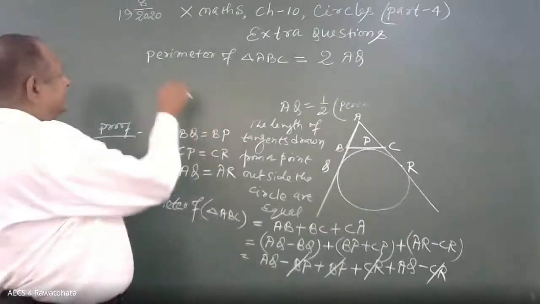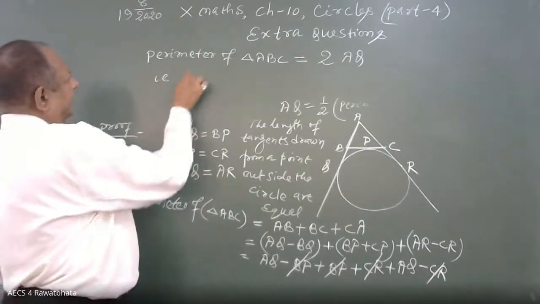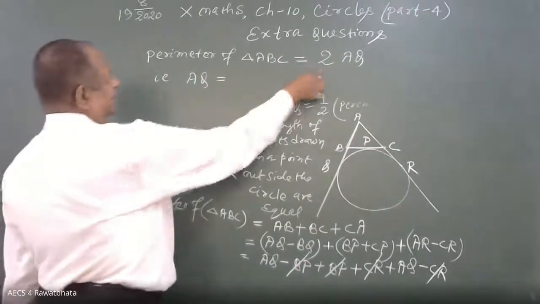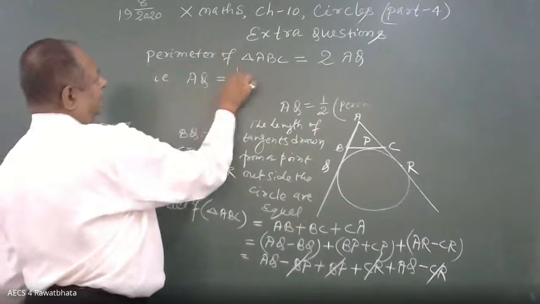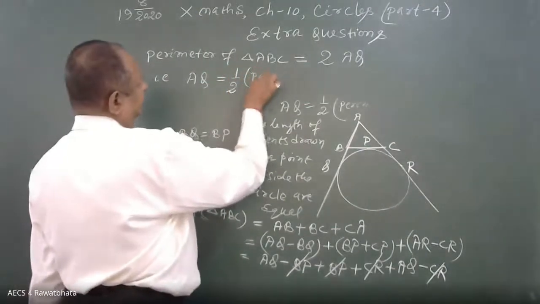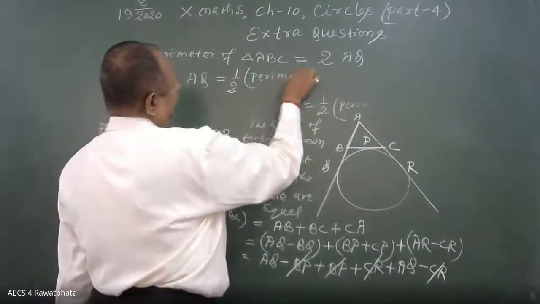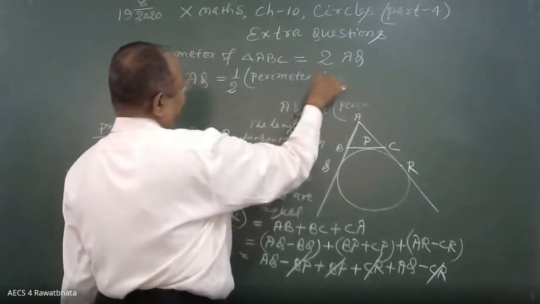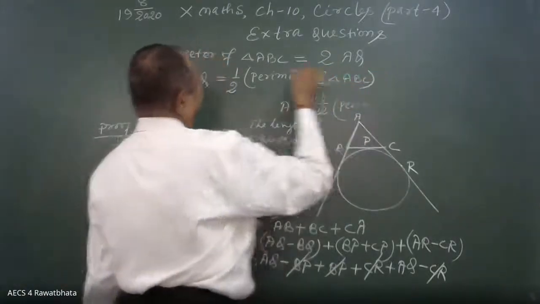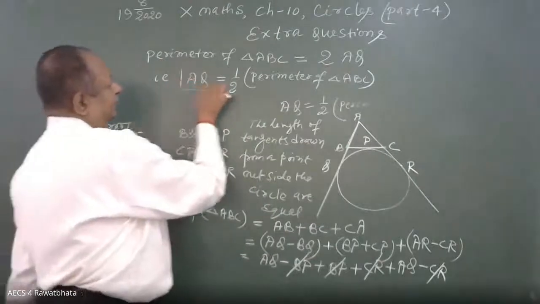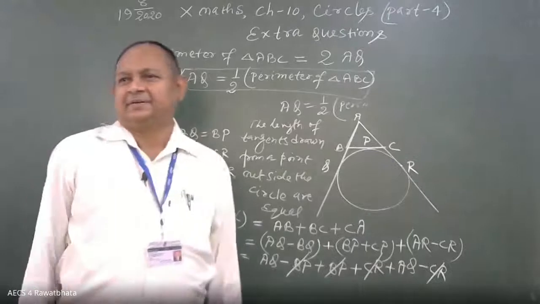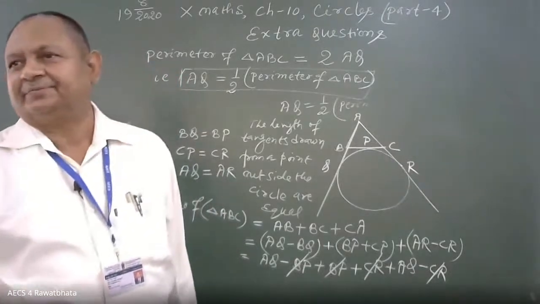That is, AQ can be written as half of the perimeter of triangle ABC. Hence proved. Any doubt?